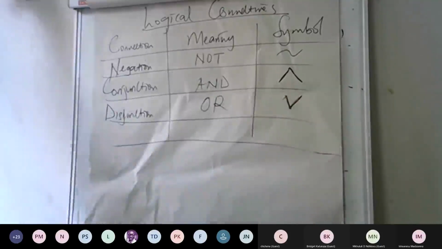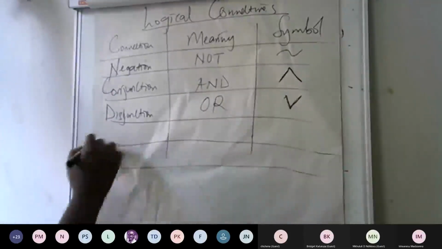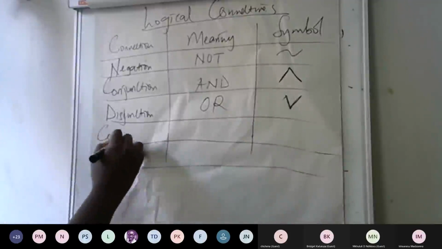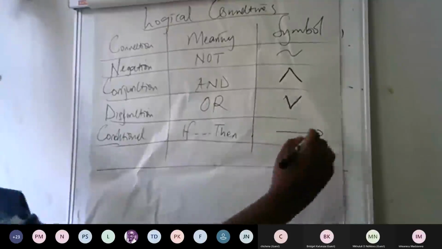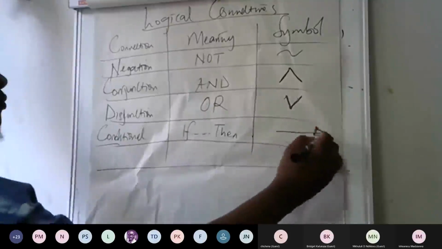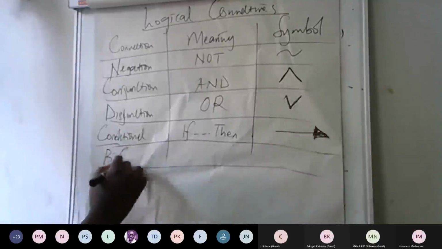Then finally, not finally, but maybe one more. We have what we call the conditional. Obviously, its meaning is if, then, and its symbol is that arrow. Then we have what we call the biconditional.